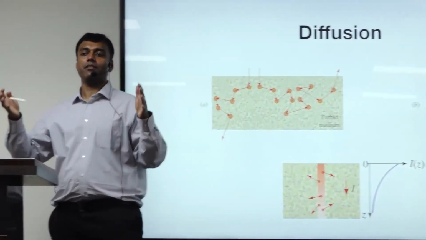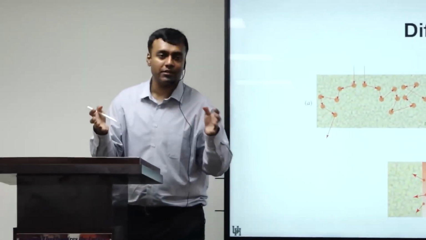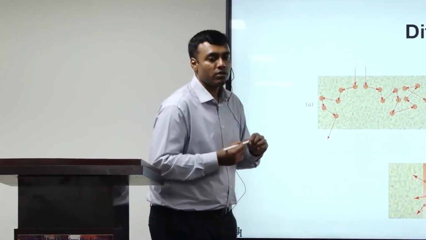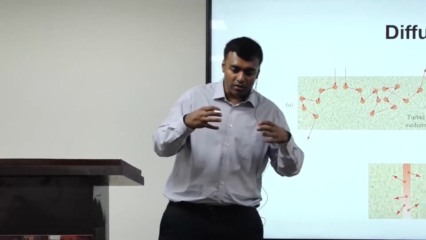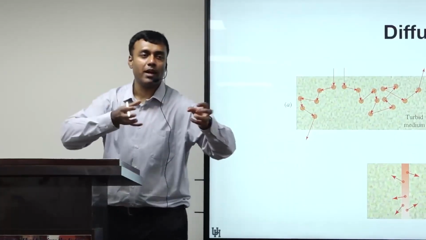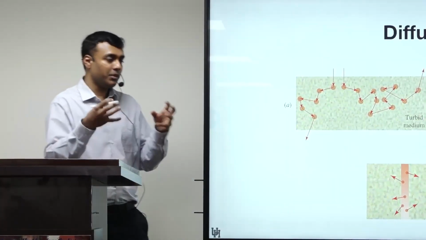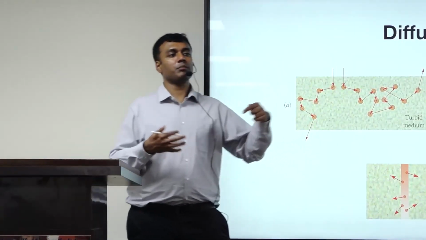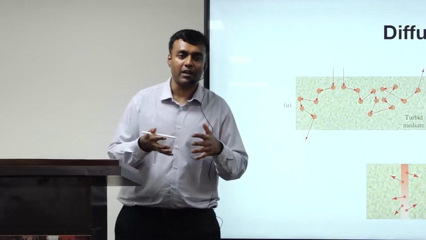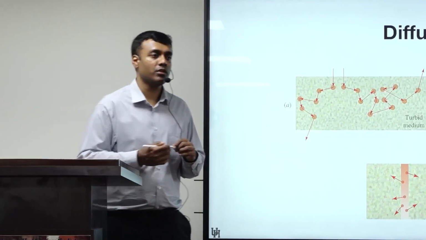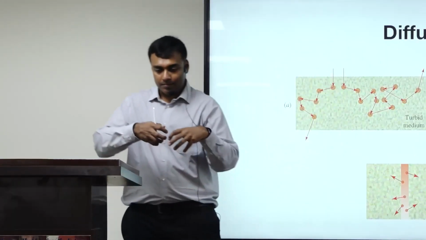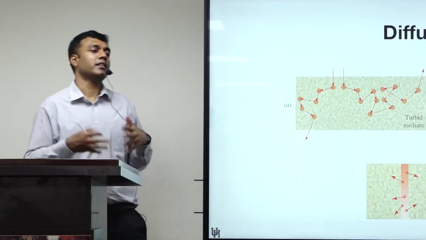Gases have very low density, solids have relatively high density, and liquids are somewhere in between. In solids there are a lot of atoms or molecules packed together, and they may be static or moving, but because the sheer number of atoms and molecules is larger, there may be multiple scattering that happens.